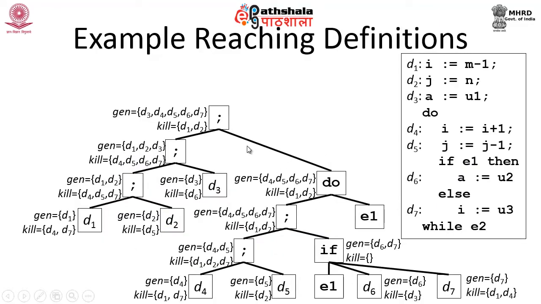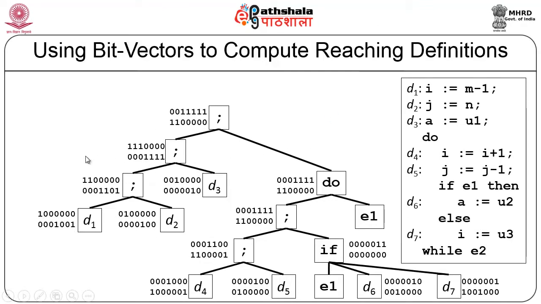Now this has been changed so that we can either use a set notation or we can go with the bit vector representation. As I already said, in the bit vector representation the first bit corresponds to D1. I have 7 bits here to represent the 7 definitions, D1, D2, D3, D4, D5, D6 and D7.